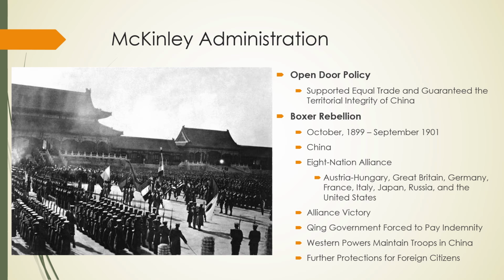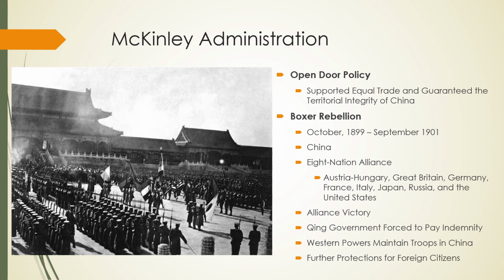There's an interesting triangle here, where the Chinese people are ruled by the Manchus. The Manchus have submitted in some ways to the West, and now the Chinese rebels are fighting against the Western powers. The Chinese people fighting, we're going to call the Boxers.